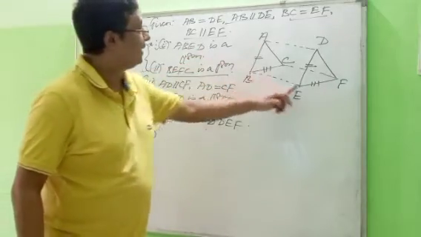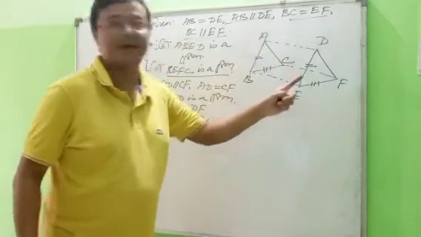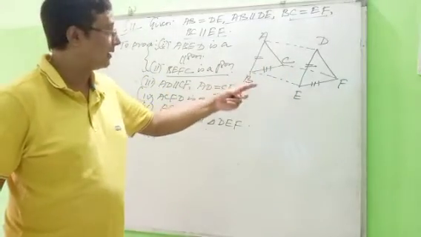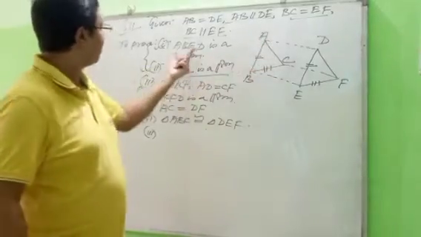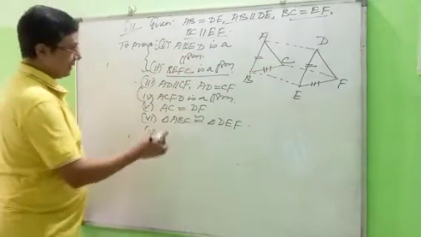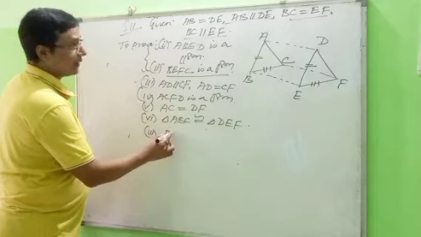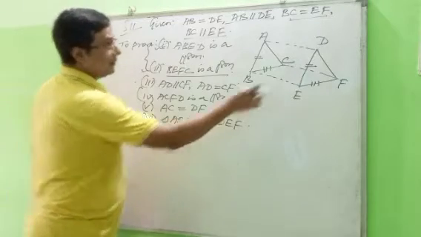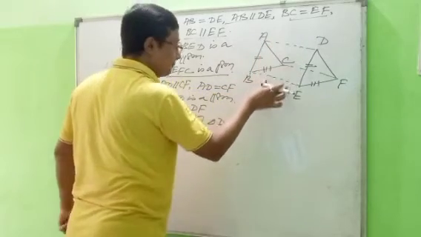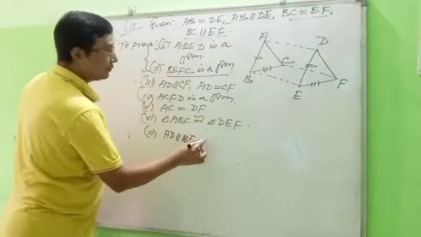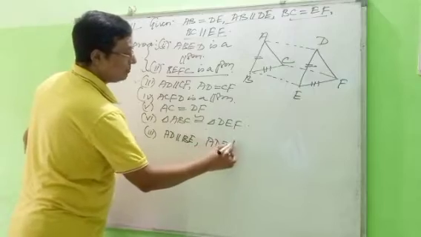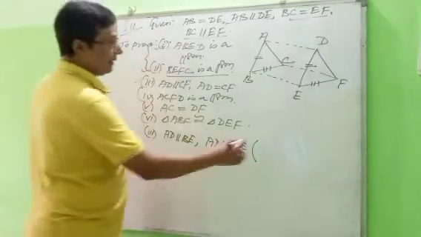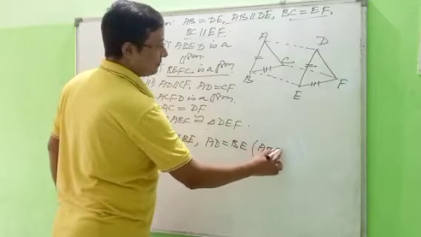Since ABED is a parallelogram, its opposite sides are equal as well as parallel. So from this first one, you get that AD is parallel to BE, and AD equals BE. Why? Because ABED is a parallelogram.